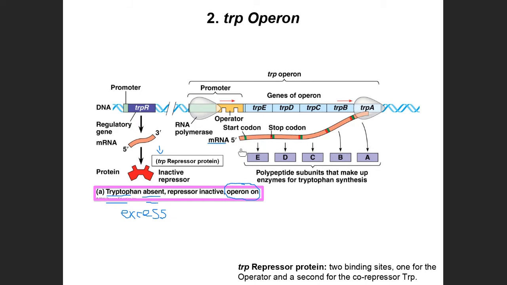The ribosome will recognize there are 5 start codons and 5 stop codons, so it knows to synthesize 5 separate polypeptides. Again, these 5 separate polypeptides will end up forming a total of 3 functional protein enzymes that will synthesize tryptophan, as it says here. That's when there's no tryptophan present, or what they actually mean, no excess.